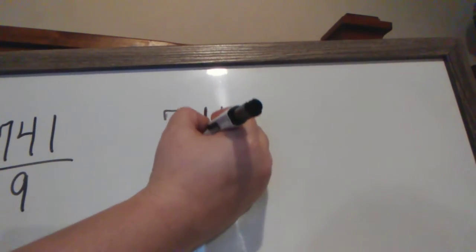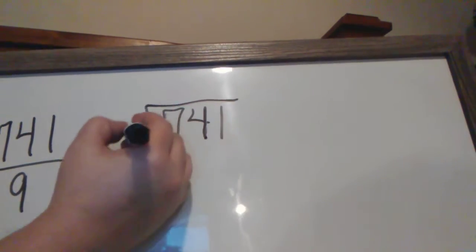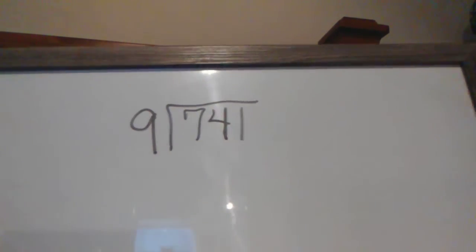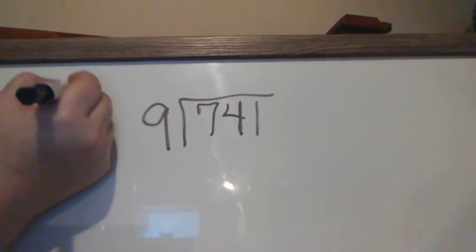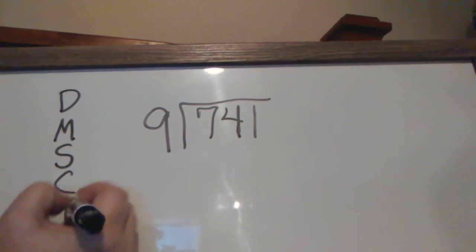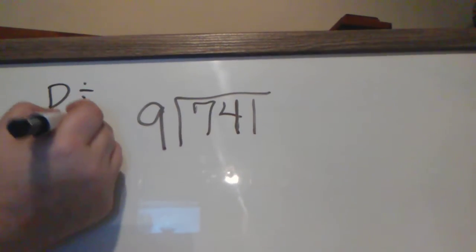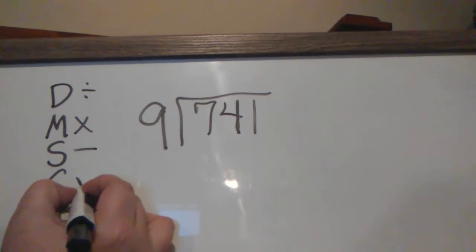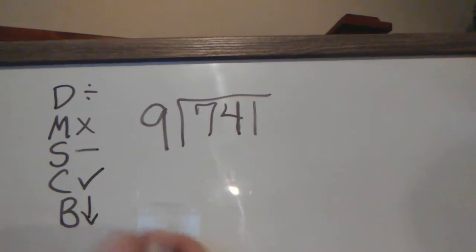741 divided by 9. And then I'm going to erase this so I can use my steps. To divide, we want does McDonald's sell cheeseburgers? D stands for divide, M for multiply, S for subtract, C for check, and B for bring down.